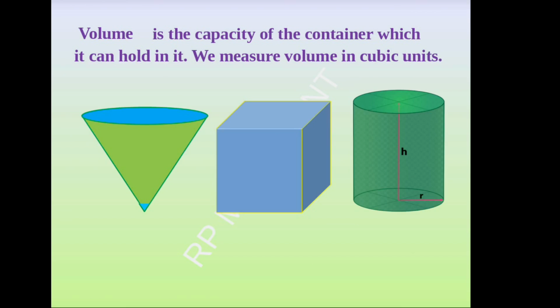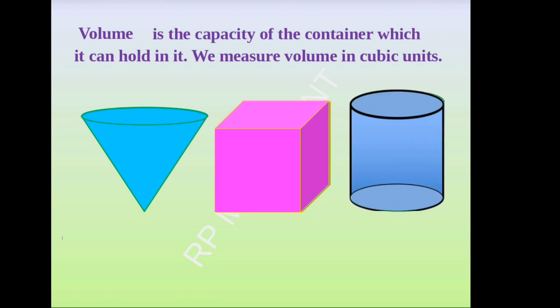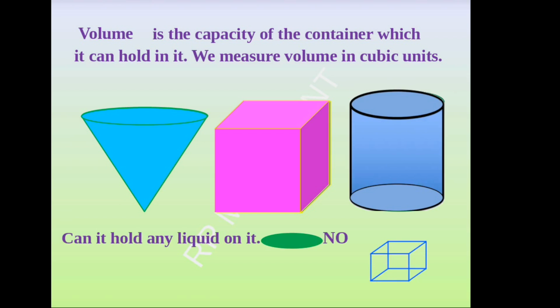Observe there are three objects: cone, cube and cylinder. Can it hold any liquid on a circular 2D object? No. If the height is raised, the container can hold some liquid. Volume is equal to area of the base into height.